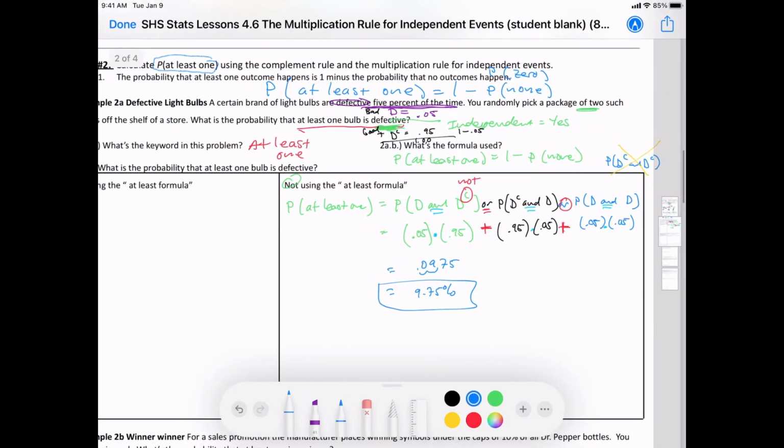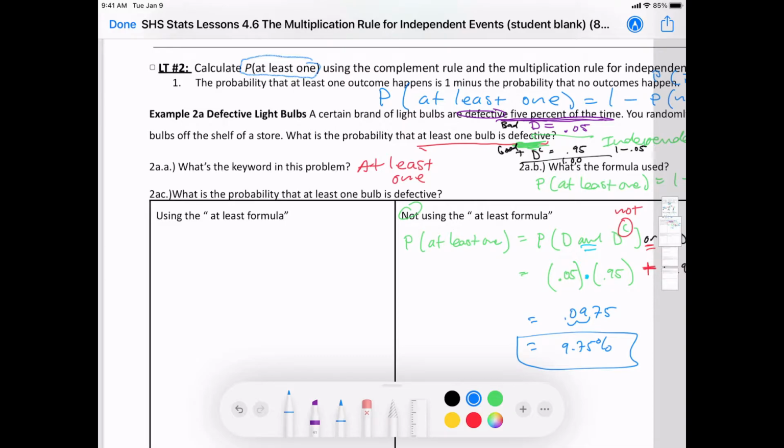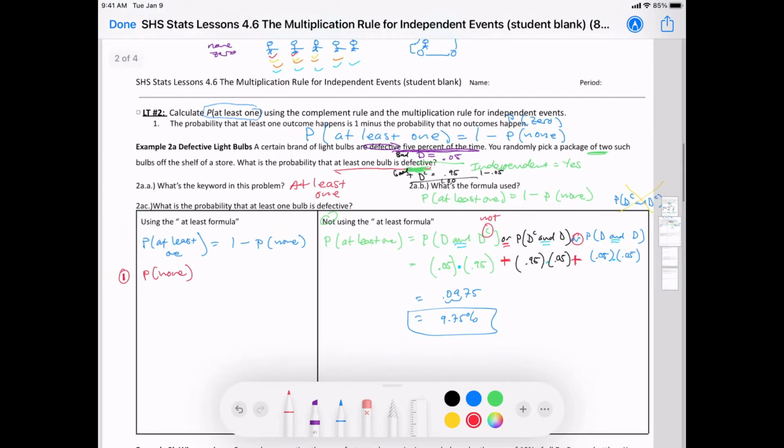Okay? Alright, let's now use the formula one. Same scenario. The probability of at least one is equal to 1 minus the probability of none. Okay? The first thing I need to do is find the probability of none. Okay, remember all that sample space we did?